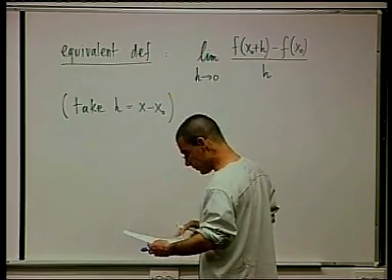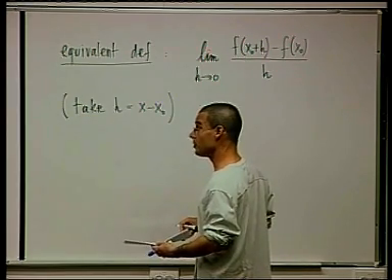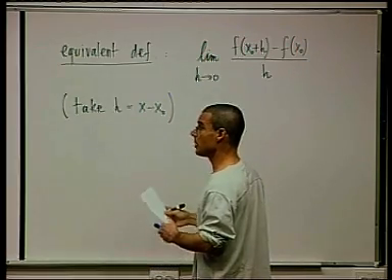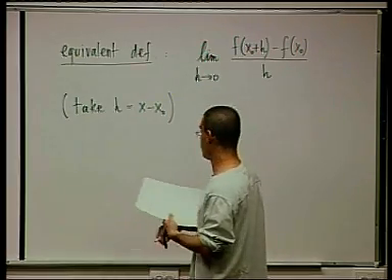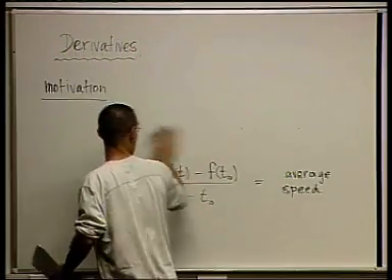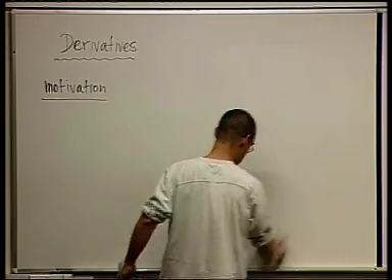So this is the notion of the derivative and what it means for a function to be differentiable, and the motivation coming from physics. And now I want to show you the other motivation. So motivation 2 is going to come from geometry. Am I correct that all of you have seen this before?